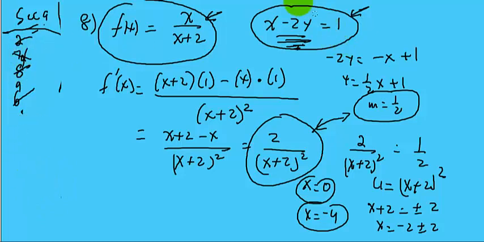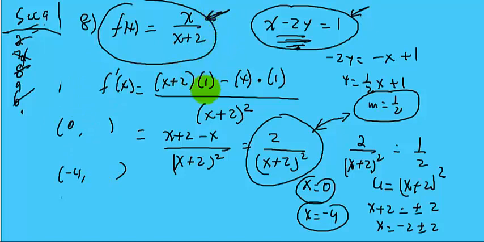Right now, I have 0 comma something, which I don't know what that is, and negative 4 comma something, which I don't know what that is. How do I find the other half of that point? Where do I plug it in? Into which one? Very good, because that's the curve we're trying to find the tangent to.